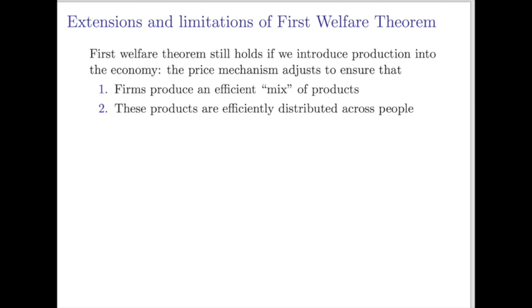What it's going to tell us is that the firms are going to produce an efficient mix of products, and that these products are going to be distributed or allocated among the consumers in an efficient way. So we're still going to end up with an efficient allocation of the resources.